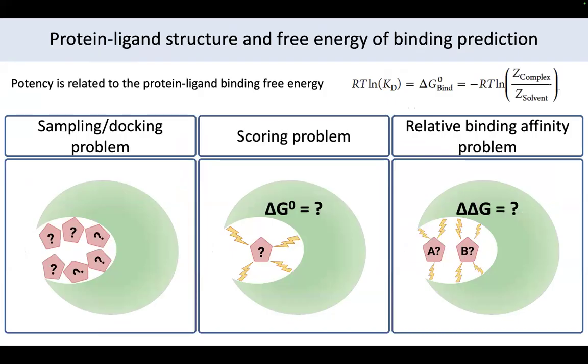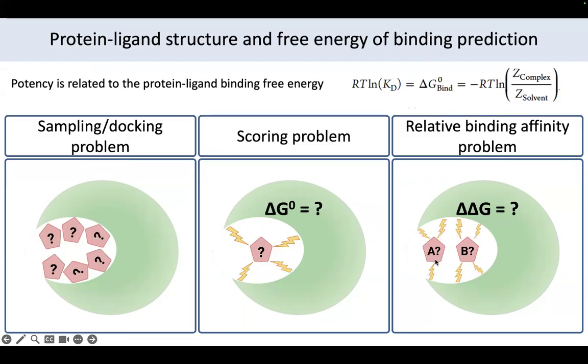In protein-ligand structure and free energy of binding, predicting the protein-ligand binding essentially boils down to two key questions. First, what is the structure of the protein and the ligand? This is the docking problem. Then we have the scoring problem. What is the free energy of binding of the ligand on the protein? And also, if you have two ligands, what is the difference of the free energy of binding between the two ligands on the protein?